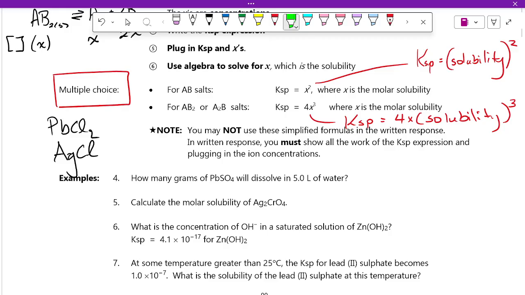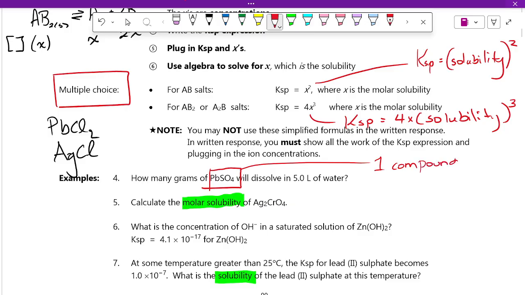Hopefully 5 and 7 were really obvious because you have solubility. For the other two, how many compounds are mentioned in number 4? 1 compound. And it's essentially asking how much will dissolve. So how many grams will dissolve? That's kind of like what's the maximum concentration.